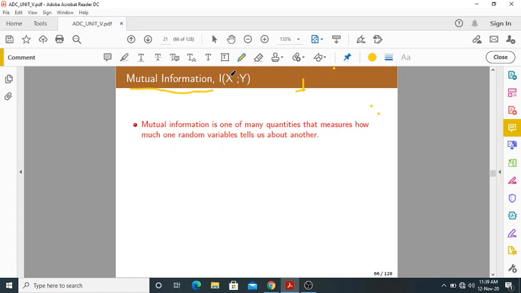How much X tells about Y or how much Y tells about X, which means how much one random variable tells about another. Otherwise, how much information do they share in common?